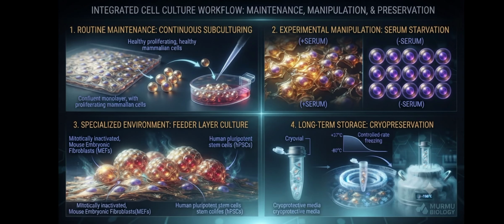In serum starvation also, the particular cell is stored, but for a short term, isn't it? And in feeder layer culture the cell is also growing, isn't it? And only in cryopreservation is long term storage present, and the cells are stopped at a particular stage, and all the metabolic activity is stopped.